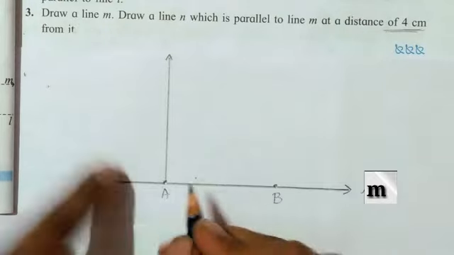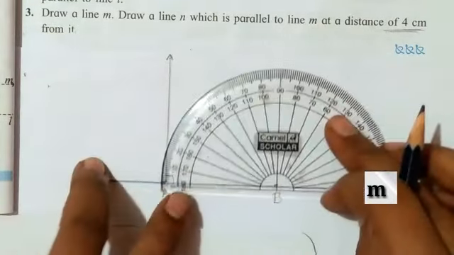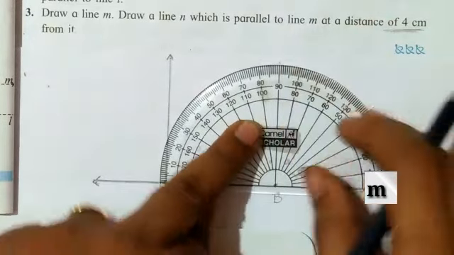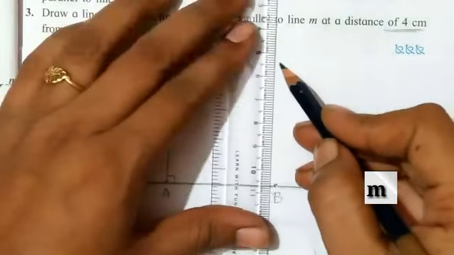give the arrow. Again from B, we have to draw another perpendicular. Join these two points.